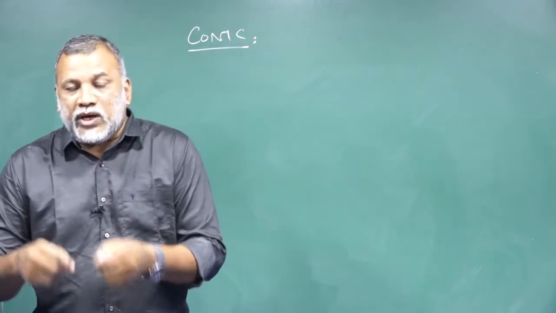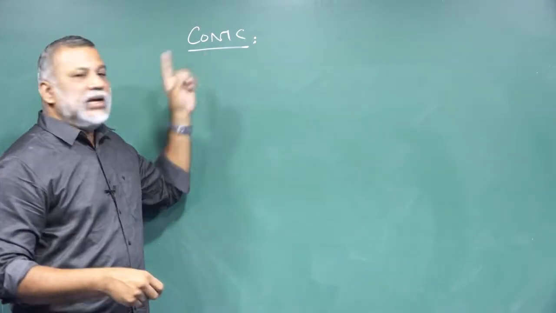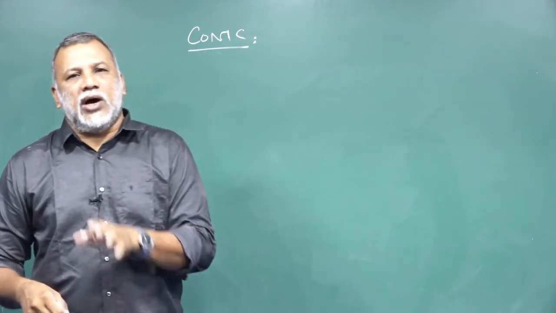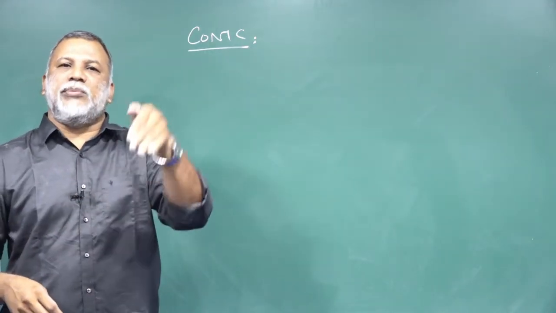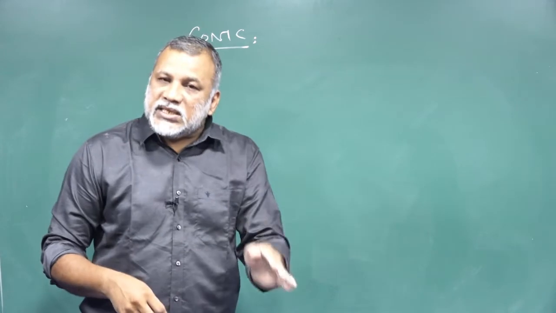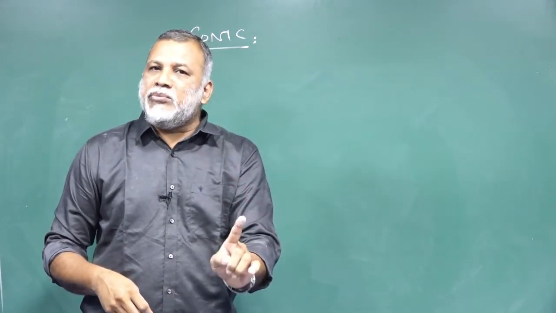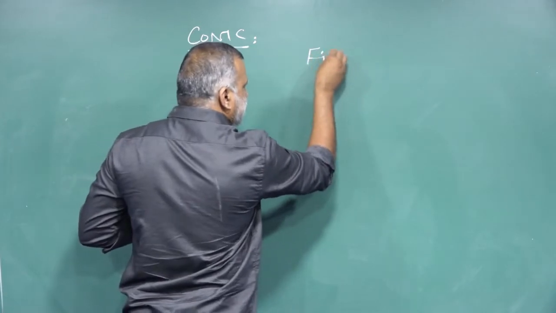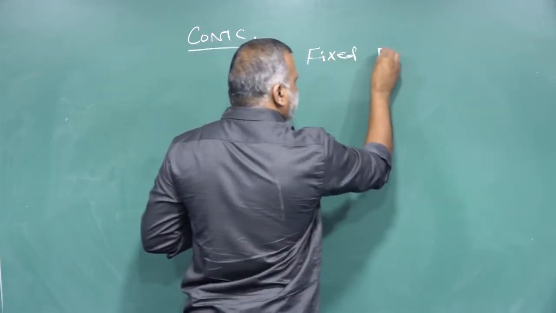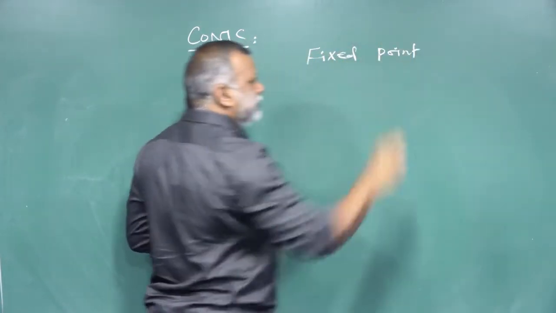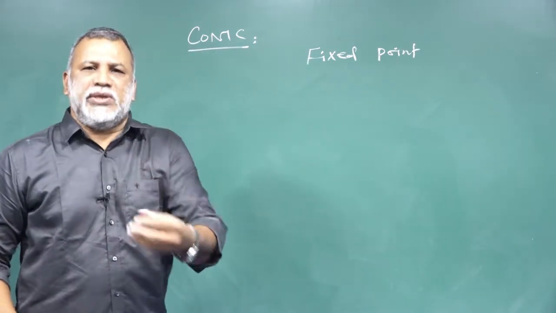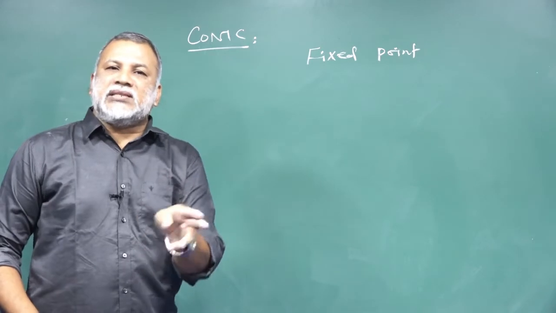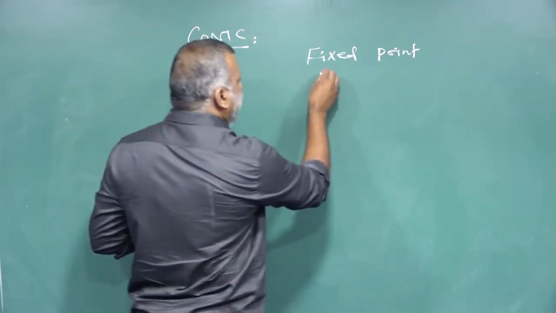So now we are going to discuss the definition of conic. The locus of a point which moves in a plane such that the distance from a fixed point, now listen to the words fixed point, bears, means gives, a constant ratio to the distance from a fixed line.